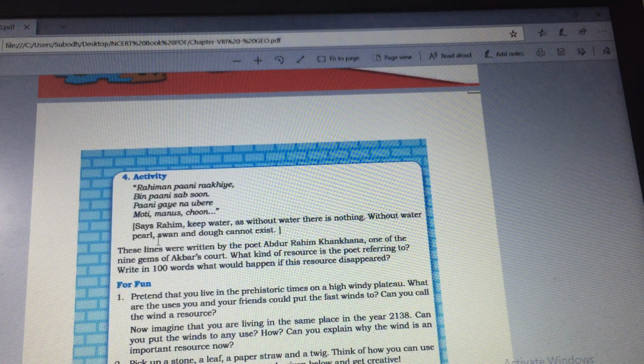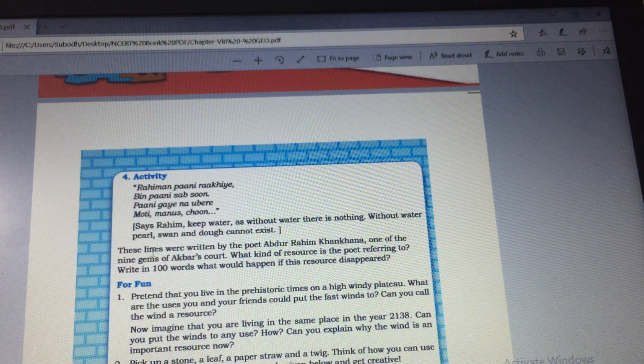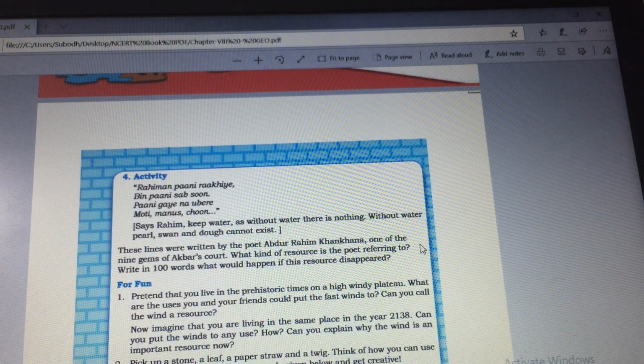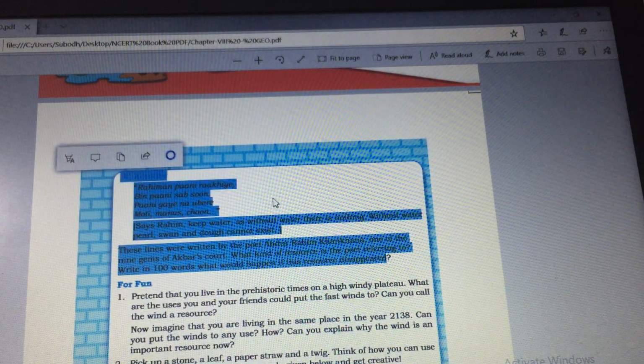Without water, pearl, swan, and dough cannot exist. These lines were written by the poet Abdul Rahim Khan-i-Khana, one of the nine gems of Akbar's court. What kind of resource is the poet referring to? Write in 100 words. This is what I expect you to write. What would happen if the resource disappeared, right, children?